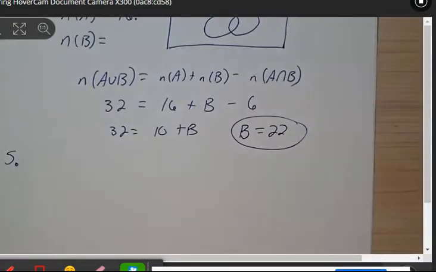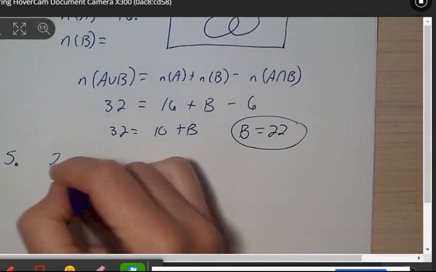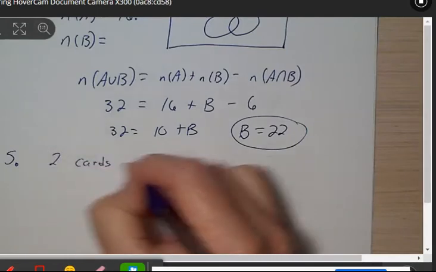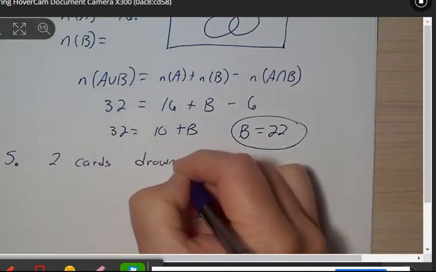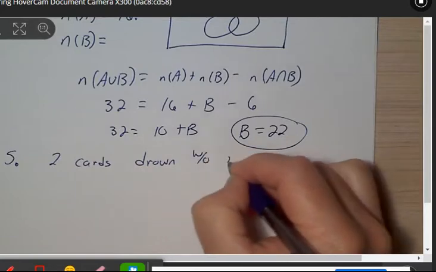All right, number 5 goes to the cards problem. So we've got 2 cards that can be drawn without replacement.